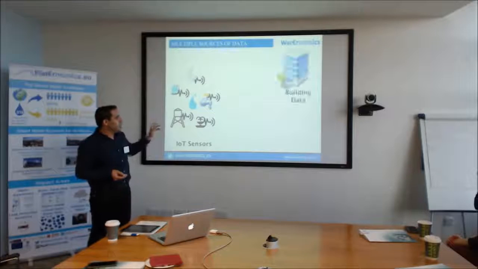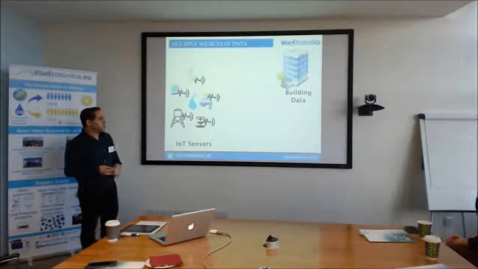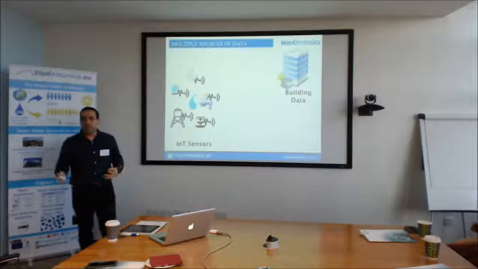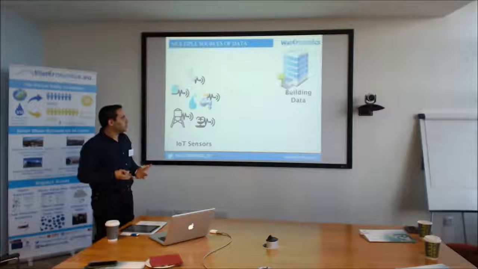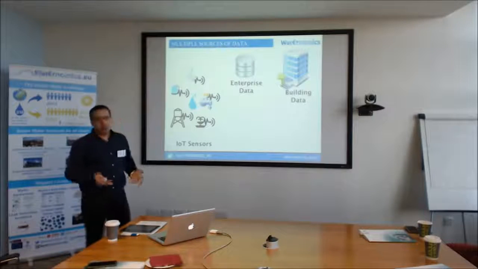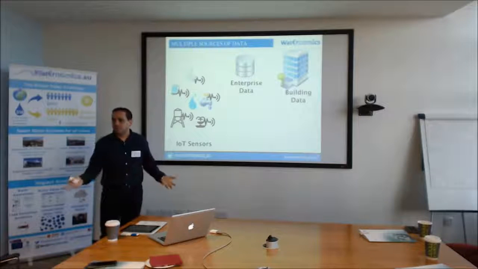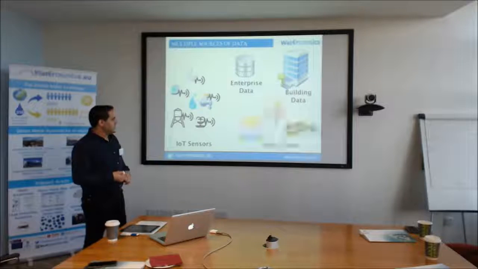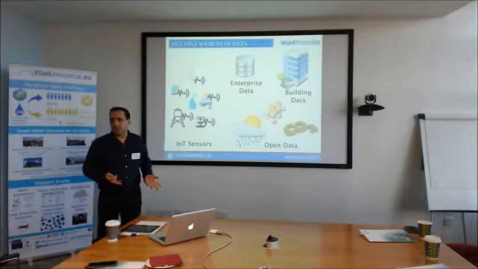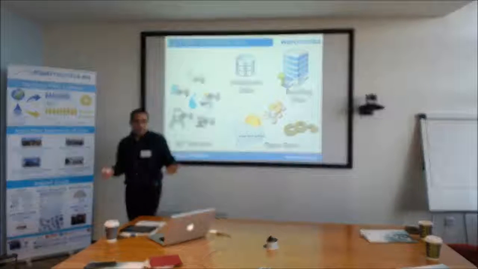But anyway, there is more important data that we need to consider: the building data, the shape of the building, how the network is built within the building. Some enterprise data might be interesting, like for example school terms and non-school terms, if we're considering an educational environment, and then other relevant open data.